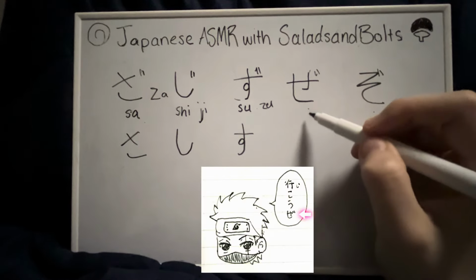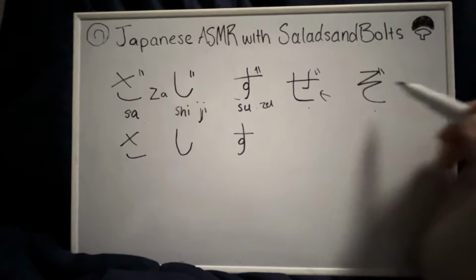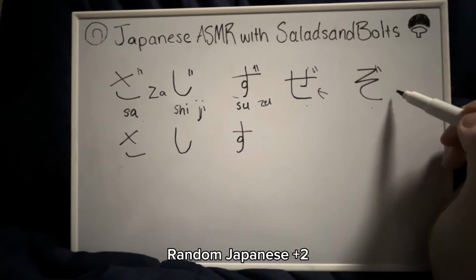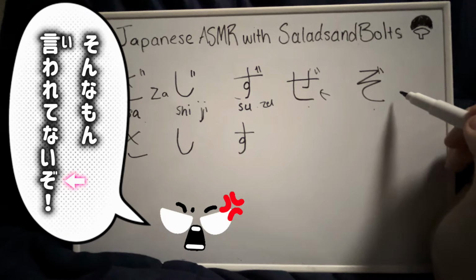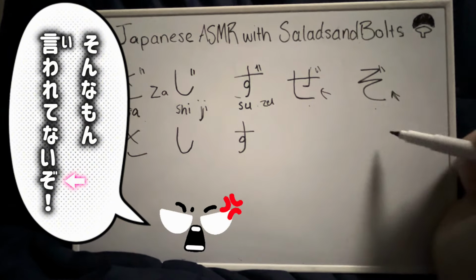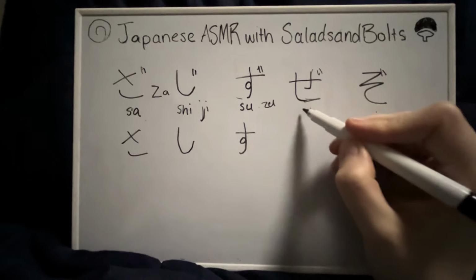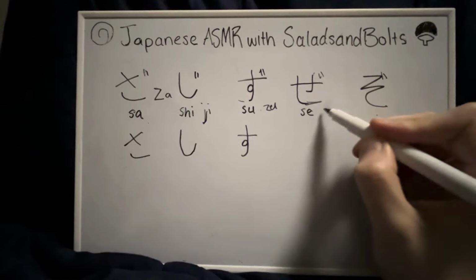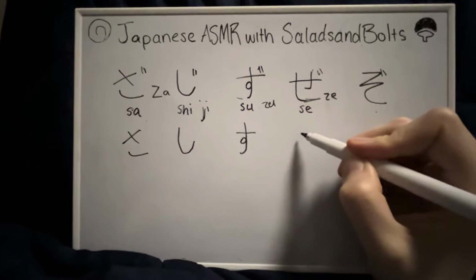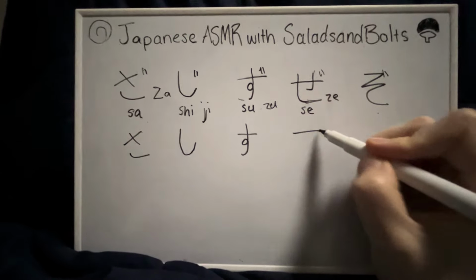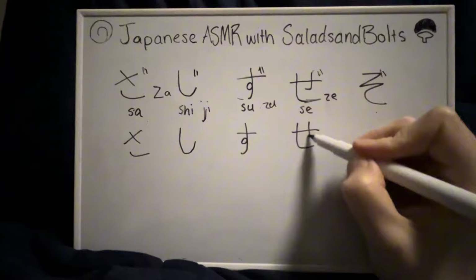Like ikoze would be the ze here, and then so ze or se, the way you write it is 1, 2, 3.